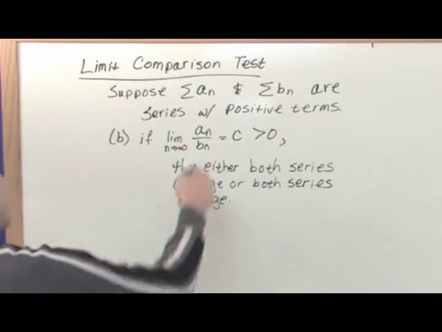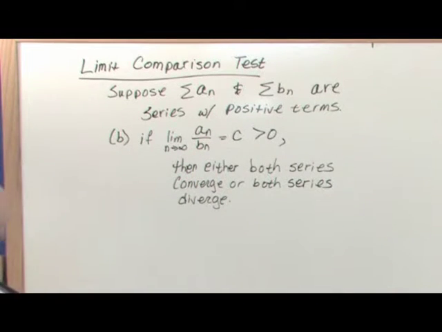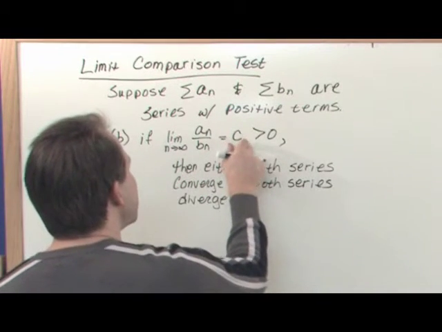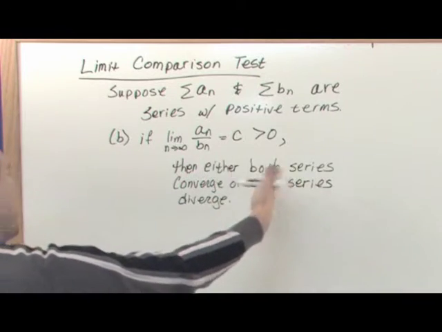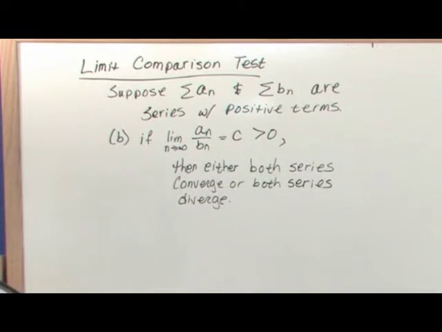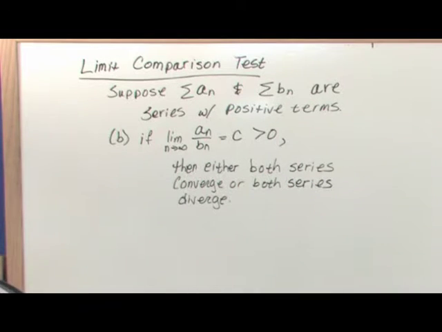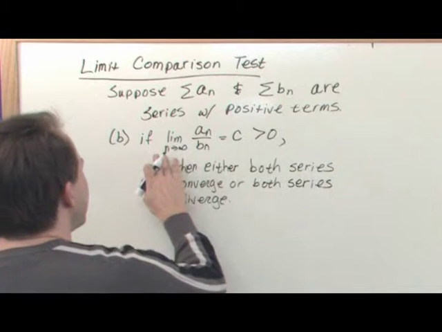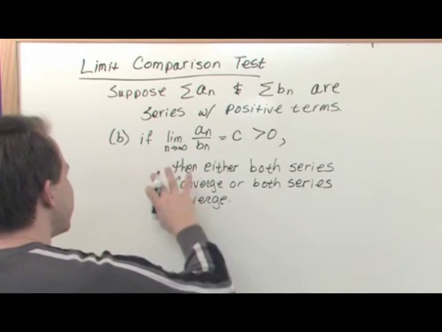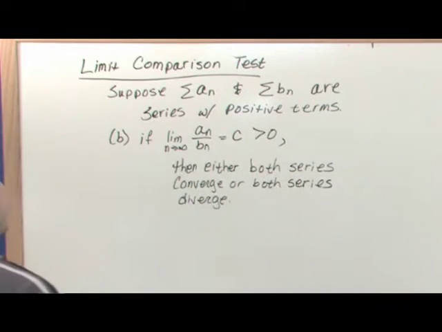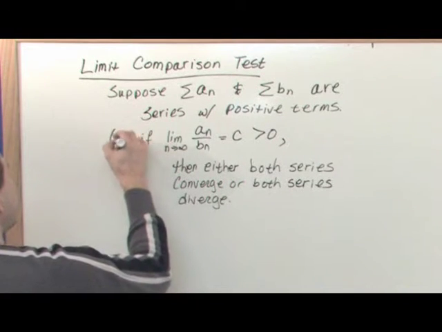If we take the ratio of the a sub n's to the b sub n's, which are the elements we're adding together, and we take the limit, and that limit is equal to a number greater than 0, then either both of these things converge or they both diverge. So if you can prove b sub n converges, then a sub n converges in this case, and vice versa. But this is only true if the limit converges to a number, and that number has to be greater than 0. Okay, so that was part A.